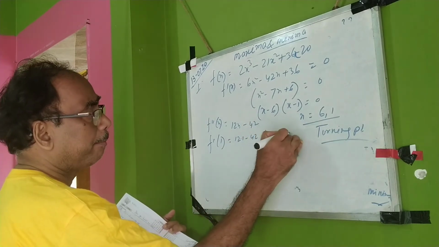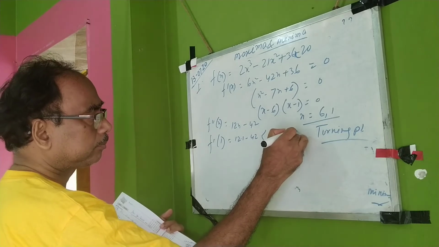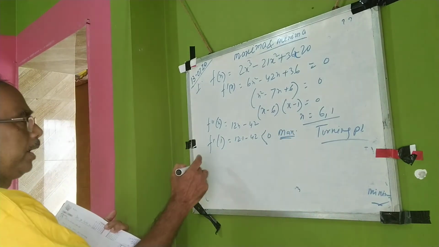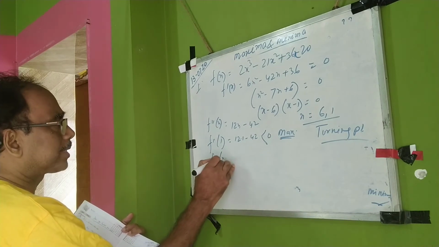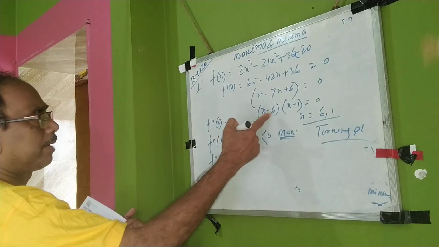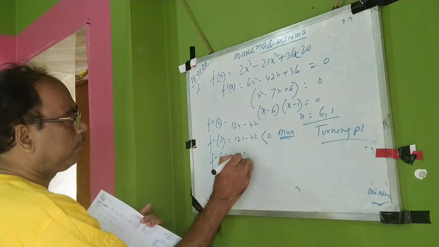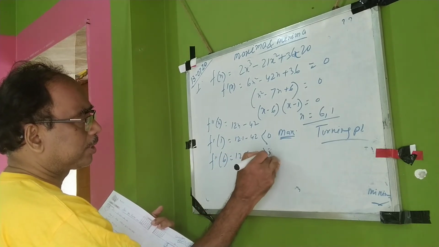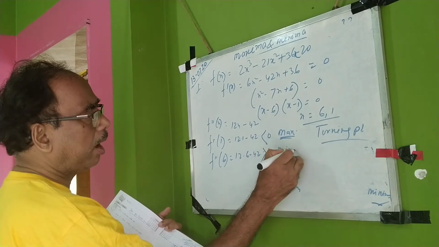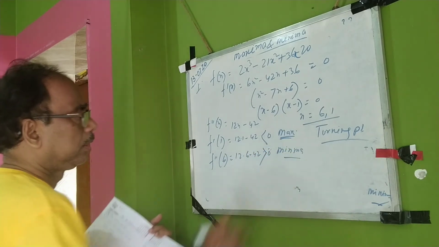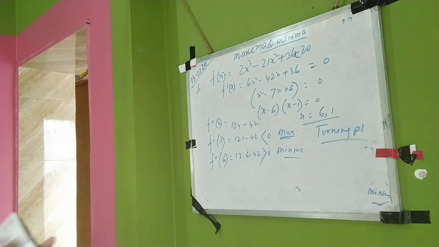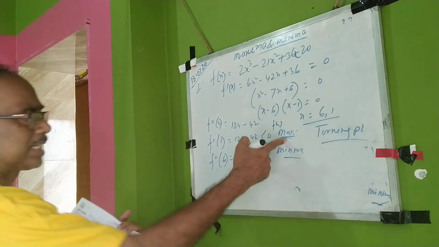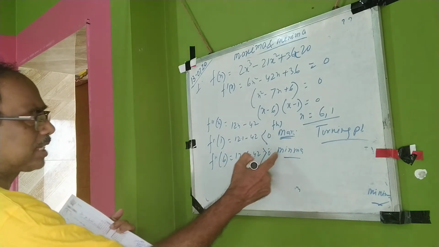It has a maximum value at this point. And f double dash 6 you have to find. The value of x is 6. 12 into 6 minus 42 is greater than 0, so it has minima. So we can say here f(x) has a maximum value and here f(x) has a minimum value.